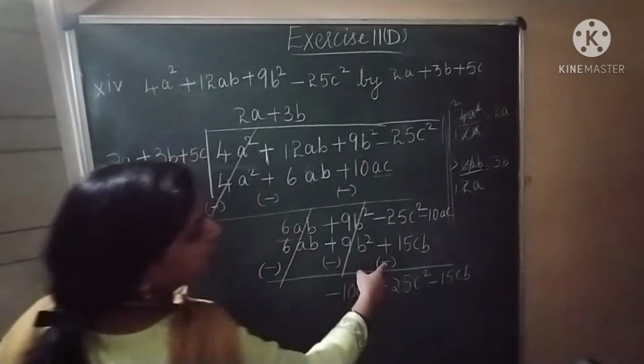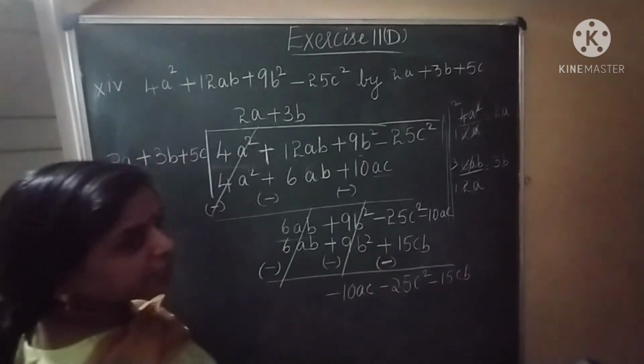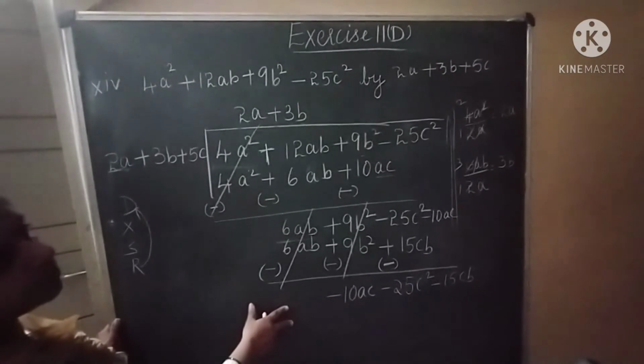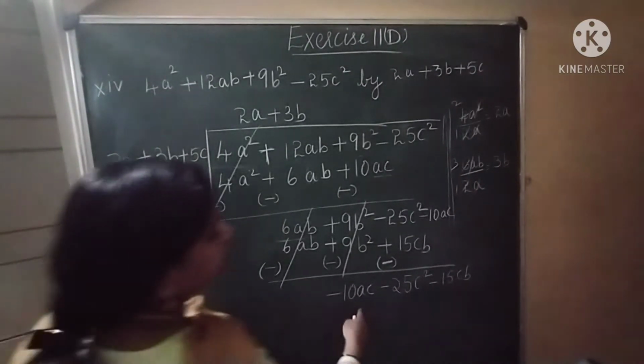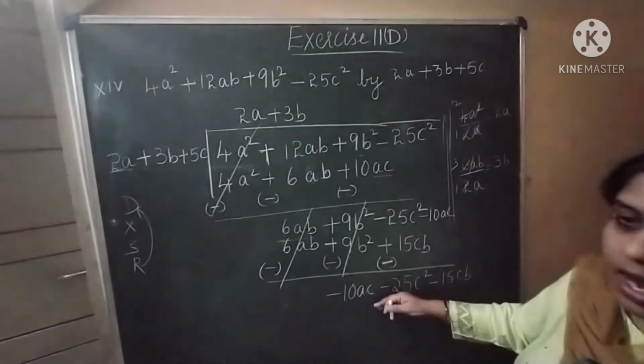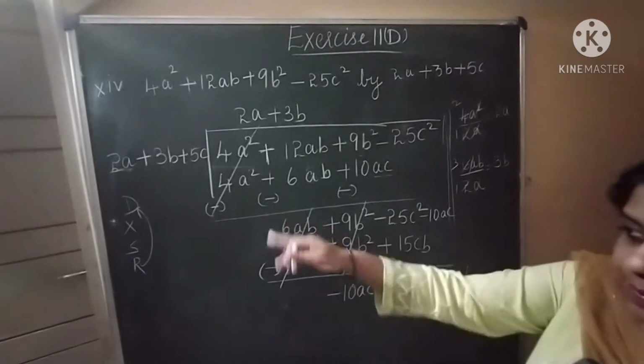You can see the sign which is changed. That sign you have to write there. Again, if you observe carefully, the remainder is not 0. Until we get the remainder 0, we have to continue the steps of division.